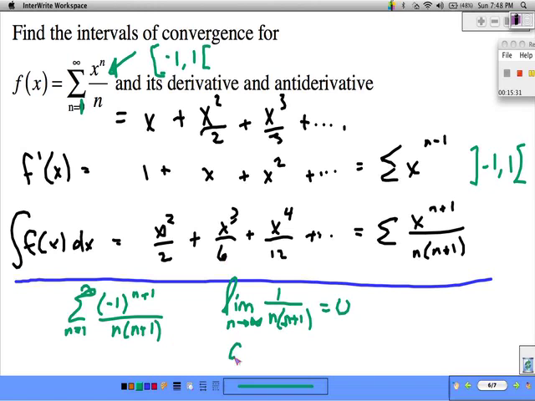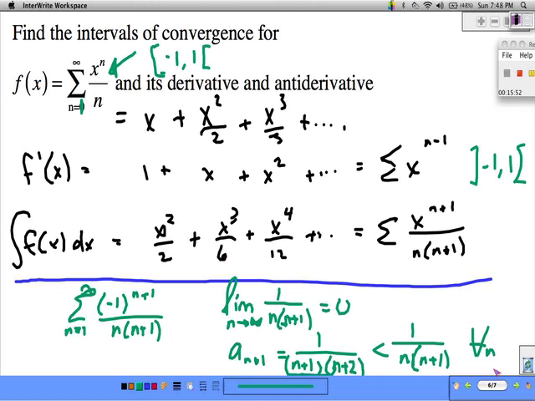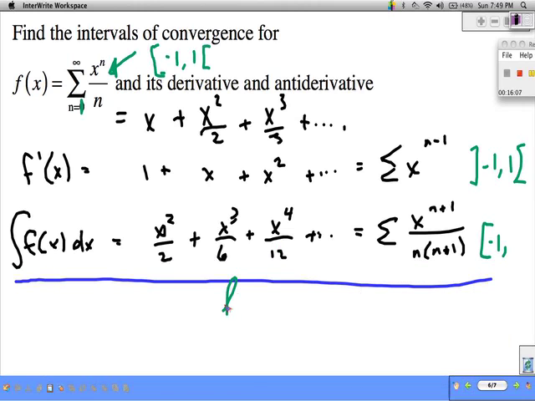And a sub n plus 1, which would be 1 over n plus 1 times n plus 2, is less than 1 over n times n plus 1 for all n. So this is decreasing. So by the alternating series test, -1 does give us a convergent series. It satisfies both those conditions of the alternating series test.